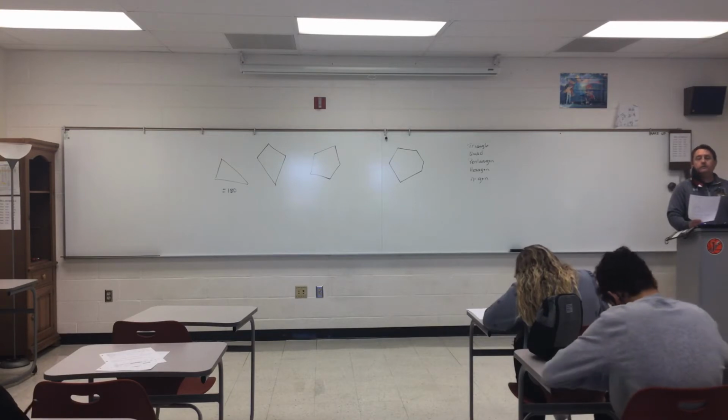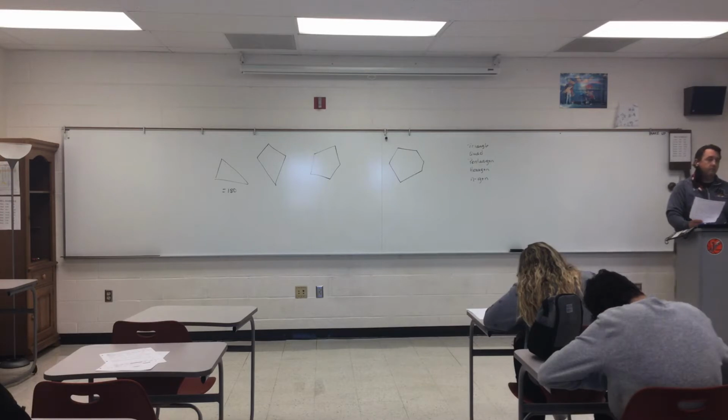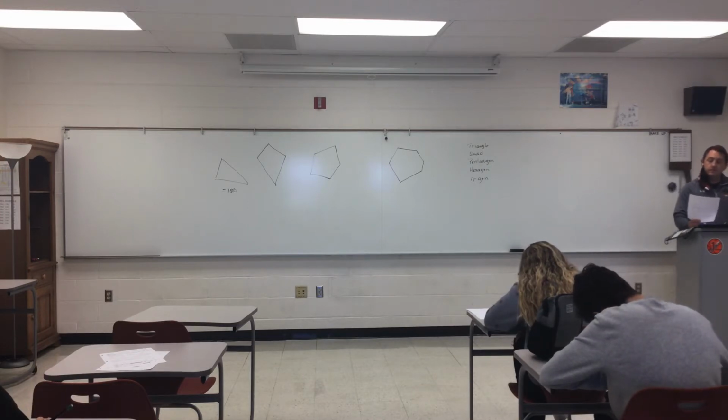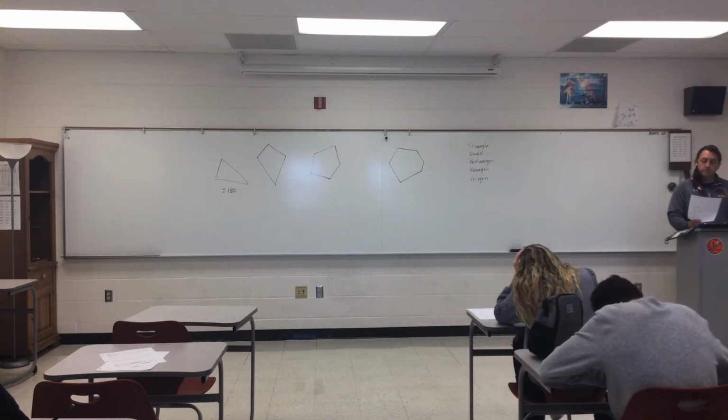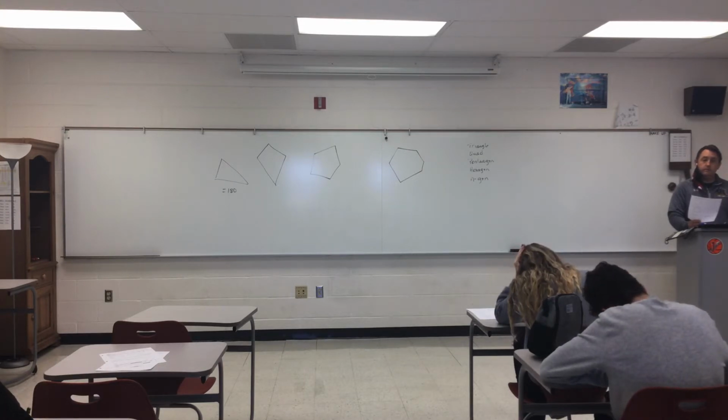8 sides, octagon. That's usually one we do remember. 9 sides is a nonagon. 10 sides, close, decagon.